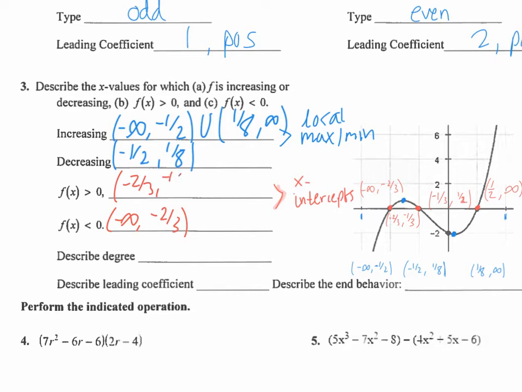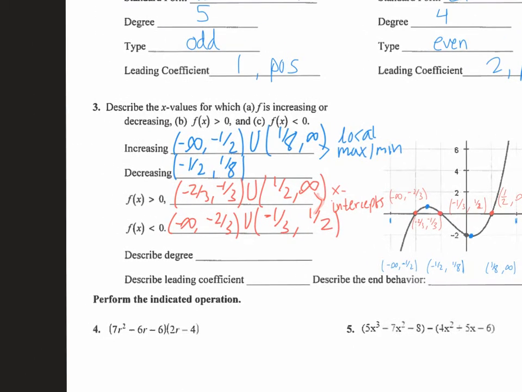My next one is negative 1/3 to 1/2. That is all below the x-axis, so it goes here, union, negative 1/3 to 1/2. And my final interval is clearly above the x-axis and will be forever, so I've got 1/2 to infinity. All right, and that's it.